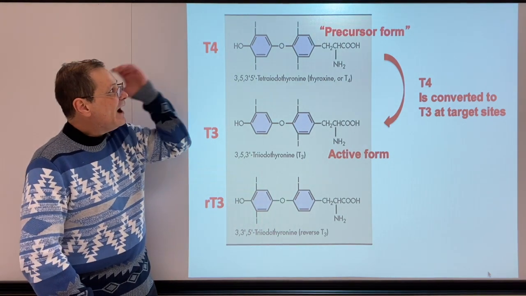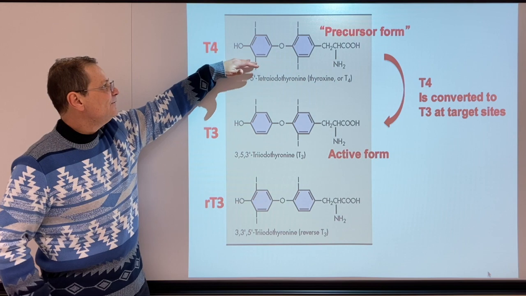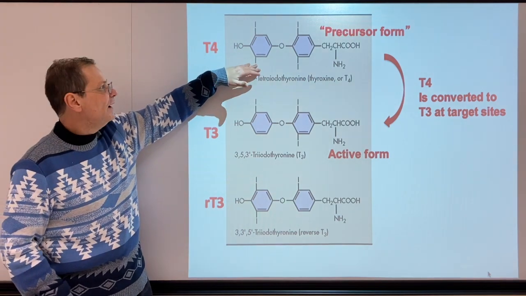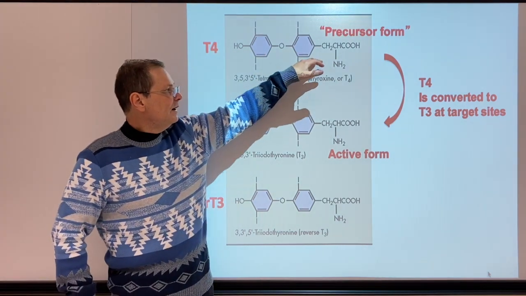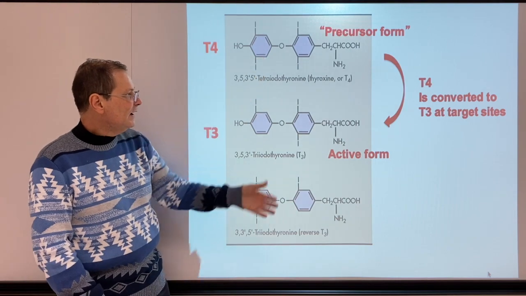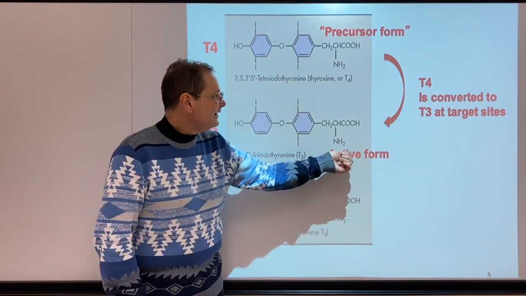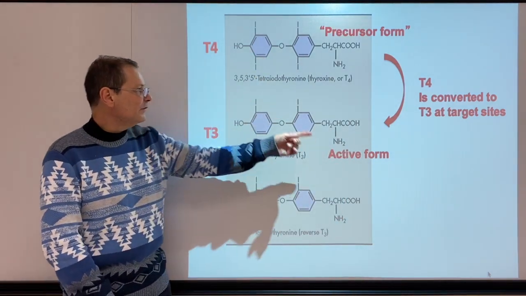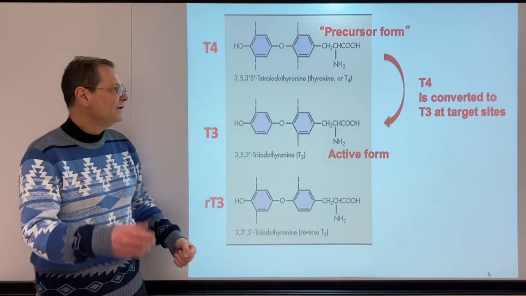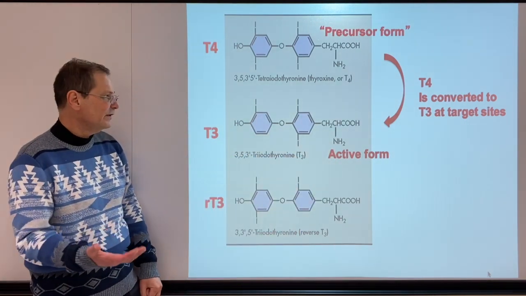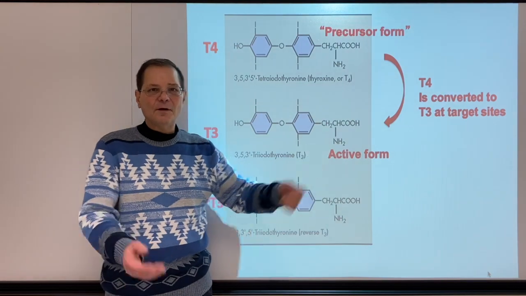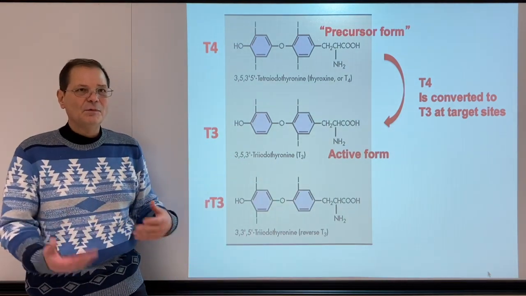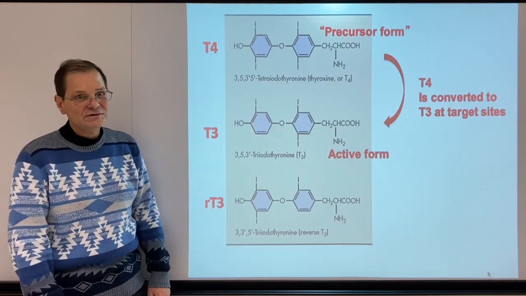What you're going to find out is that T4 is the primary form that is released from the thyroid gland, with a little bit of T3, but the T4 is converted to T3 at the target sites, at the tissues, and the T3 is the active form, and it's going to be the form that mediates most of the effects that you see on the tissue level.